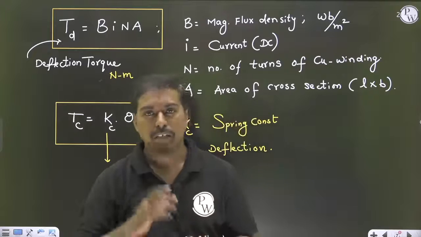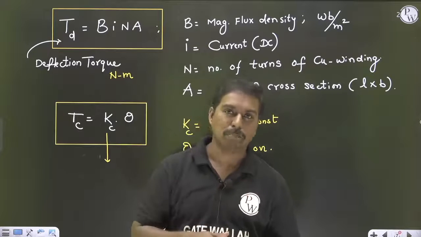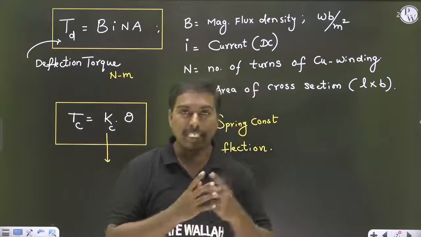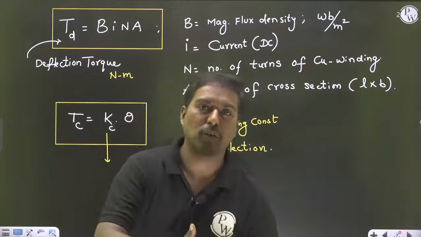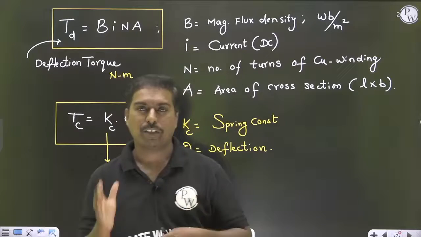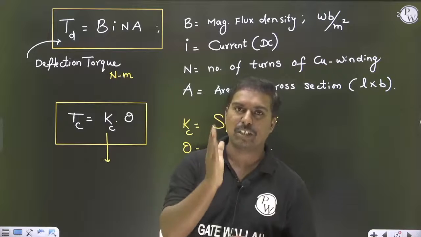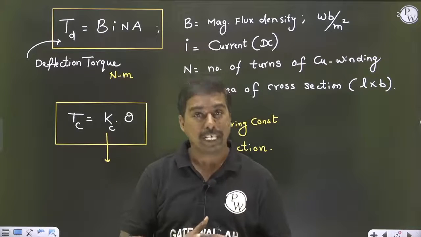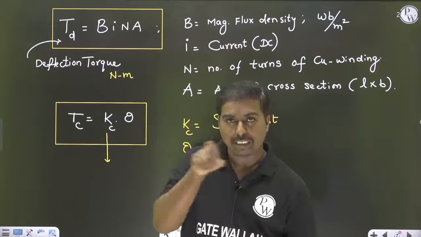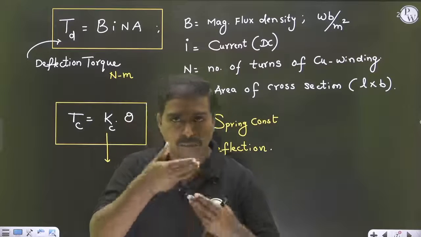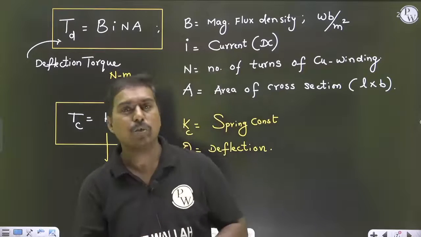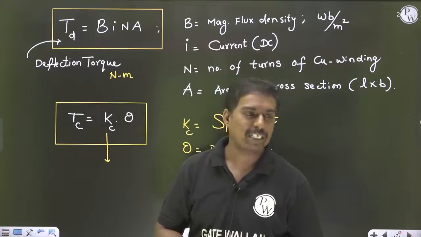That deflection is opposed by the spring's controlling torque. At steady state, when the deflection torque and controlling torque match, there is pointer steadiness. That steadiness represents the magnitude of the current. If we calibrate the dial of theta degrees in terms of the current, we can easily use this scale for DC current measurement.